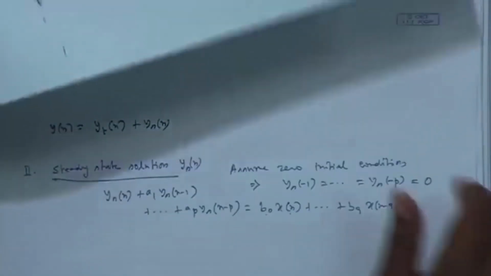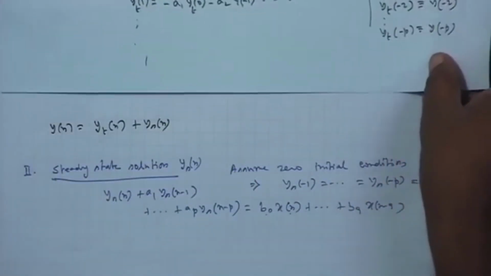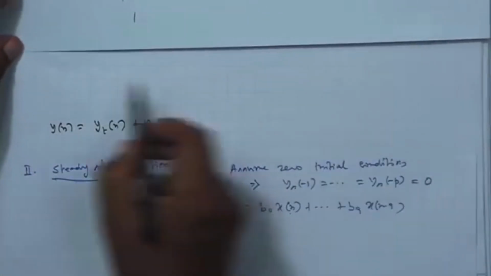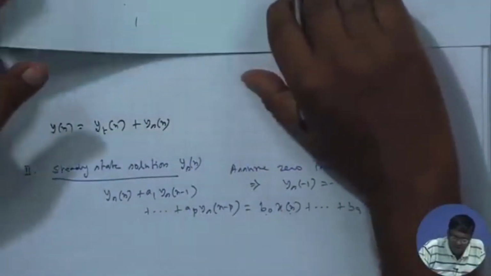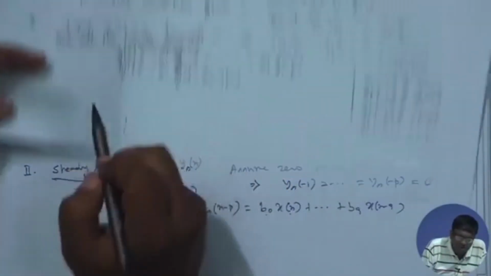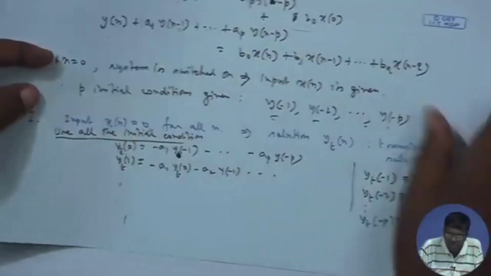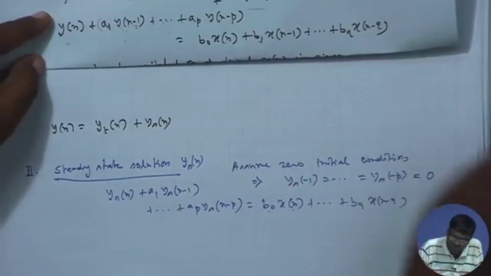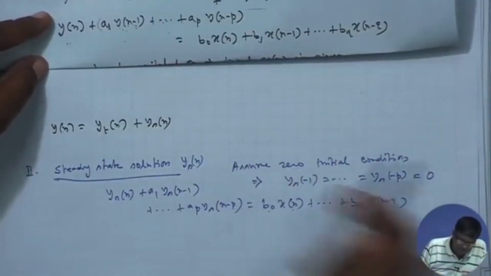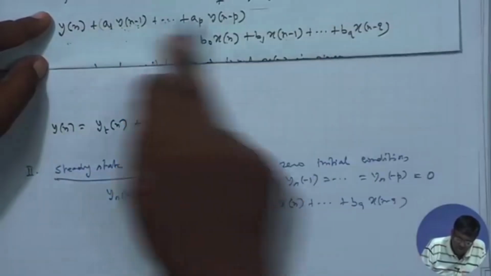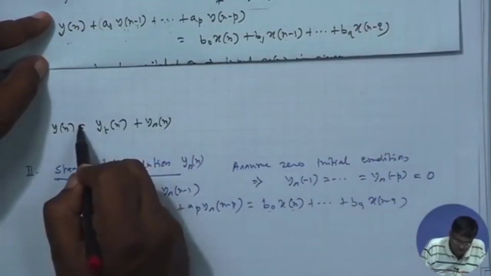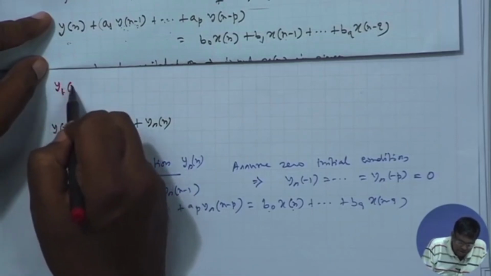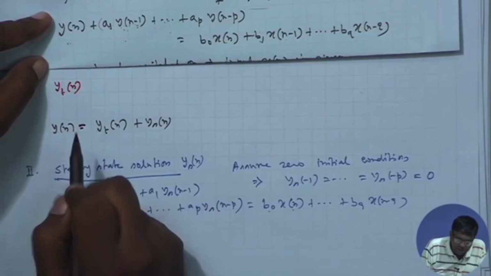How? We will see easily. If I put back this y n on the left hand side, does it satisfy the right hand side? That is the question. So, y n means y t n plus y s n.